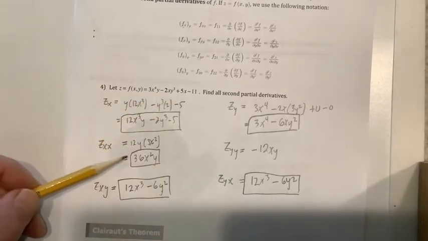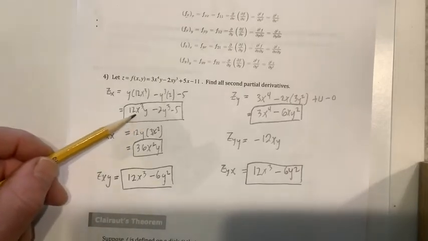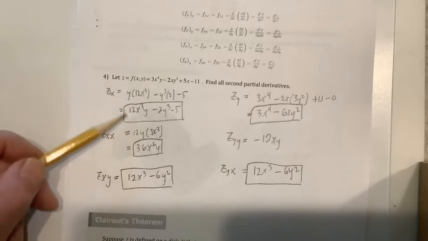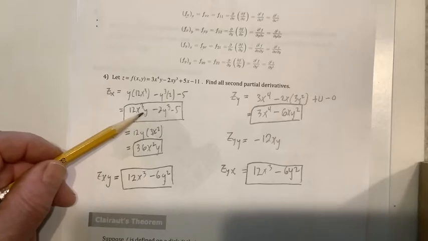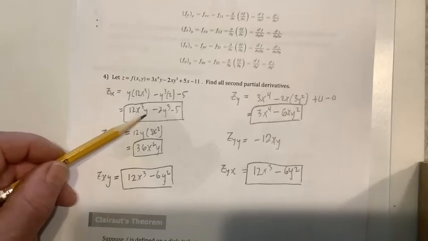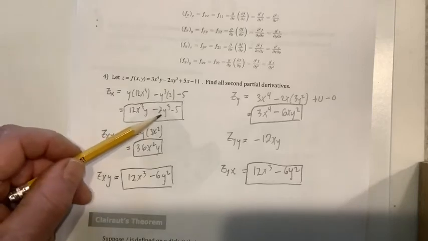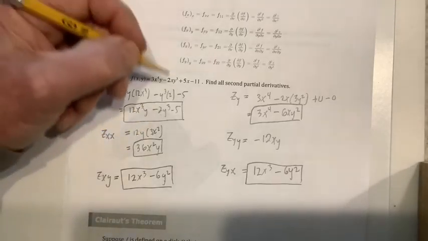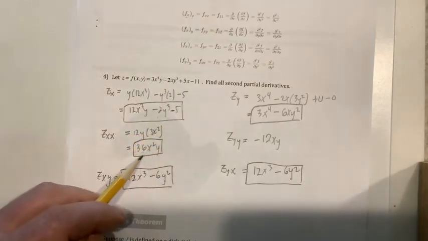Then you take the partial of that with respect to x. You factor out the 12y, and you get 3x squared, which is this. Now notice, the derivative of this with respect to x is 0. The derivative of this with respect to x is 0, and so is that. So you only get one term.